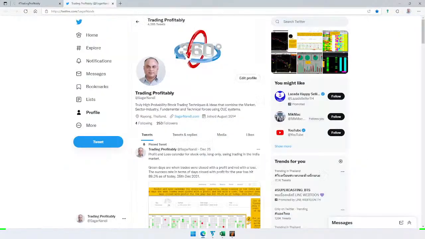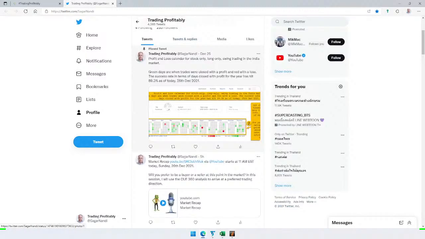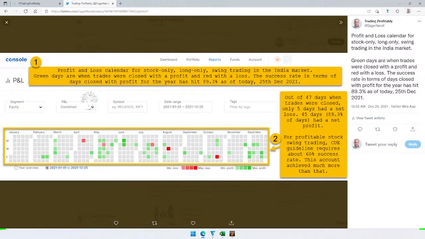Why do I say so? Because I shared a snapshot from one of the India brokerages that gives us a very visual presentation of the entire year's trading in terms of success rate.